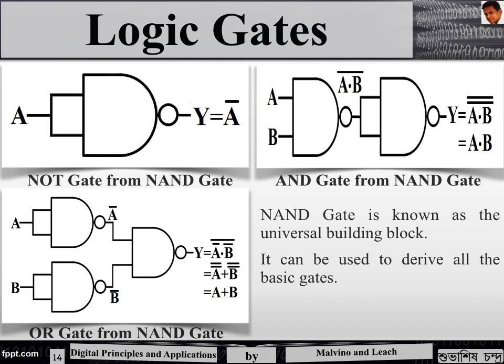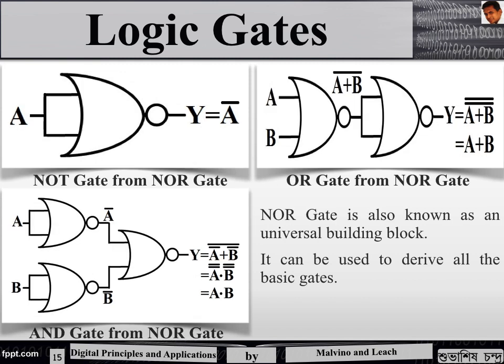The output over there you can see is the complement of the AND of complement of A and complement of B. Using simple Boolean algebra, it can be represented as the complement of A complement or complement of B complement, and complement of complement is the original itself, so it can be represented as A or B. So in this way, the NAND gate can be used to create a NOT gate, an AND gate, and an OR gate. Let's see how we do it with NOR gates.